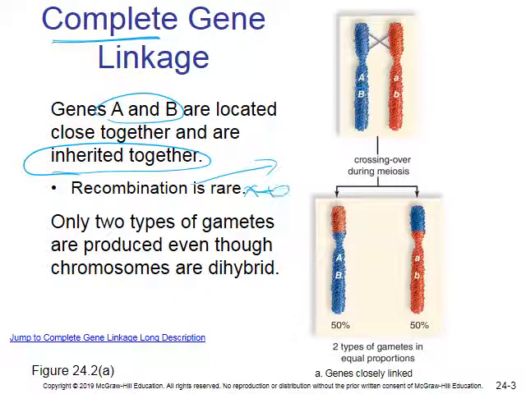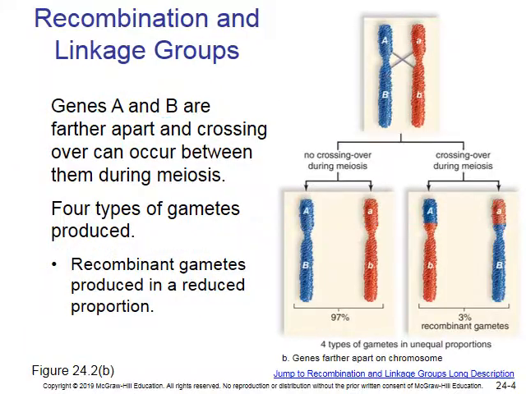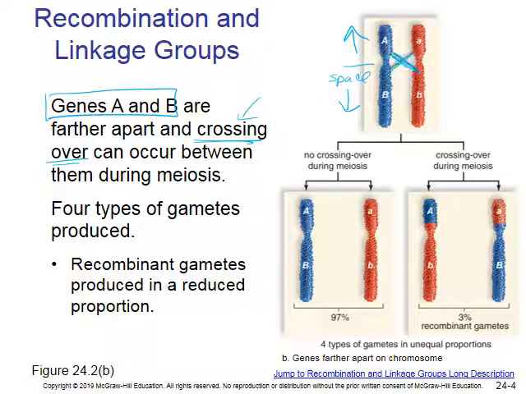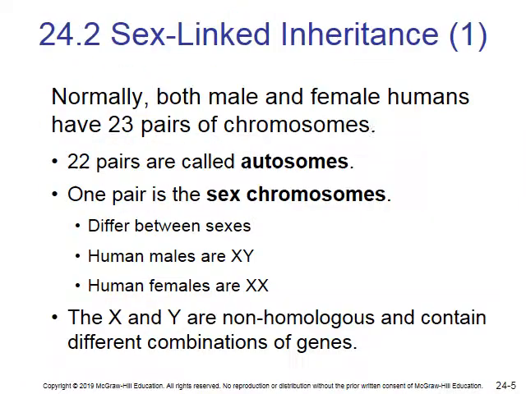Recombination is very rare. If genes A and B are farther apart, if there's more space between them, it's more likely that a crossing over event can occur between them, and that will allow for more recombination, or recombinant gametes.